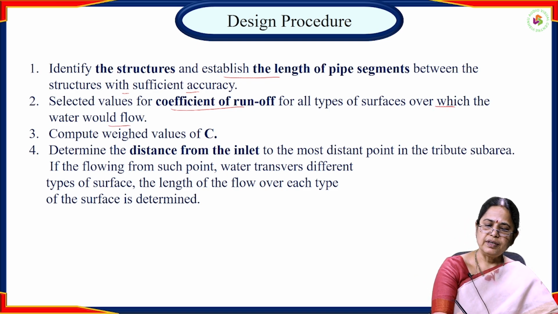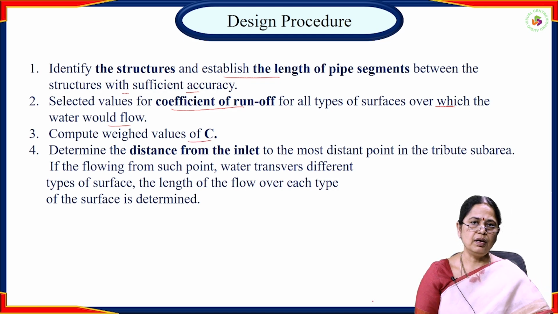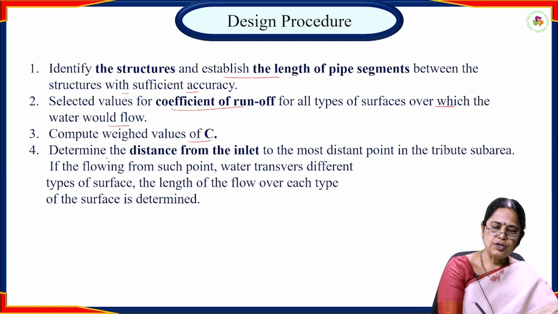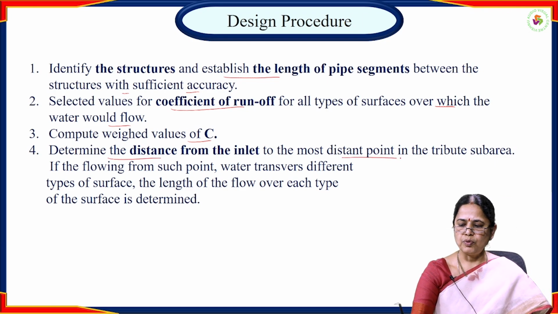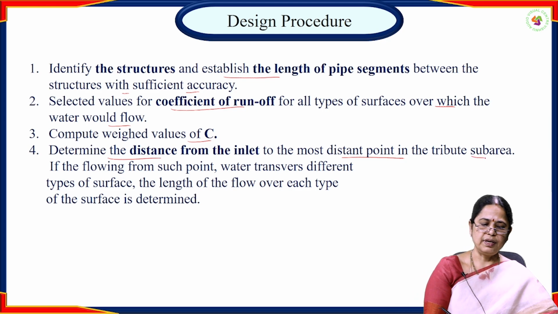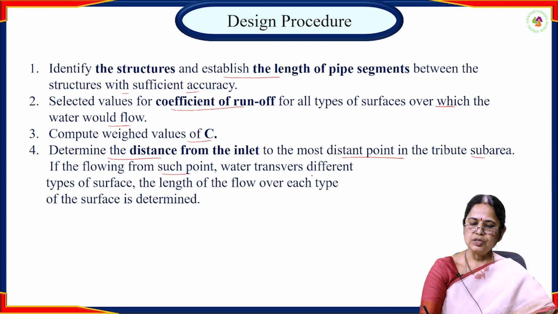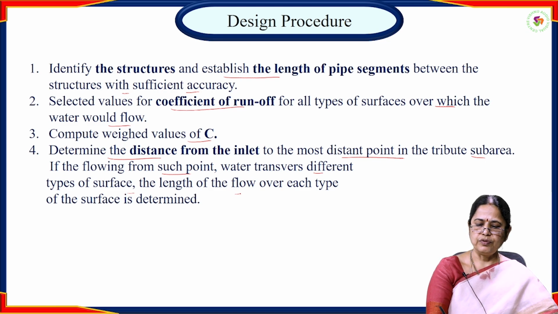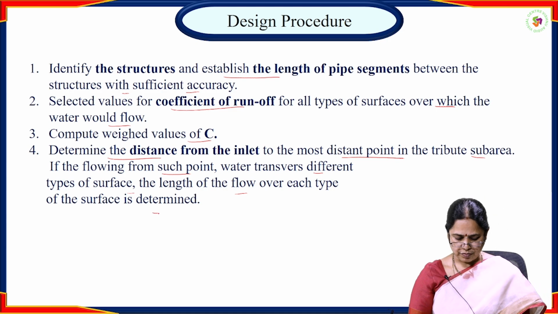Then compute the weighted values of C using the formula for that. And determine the distance from the inlet to the most distant point in the tributary subarea. If the water flowing from such a point transfers over different types of surfaces, the length of flow over each type of surface is going to be determined.